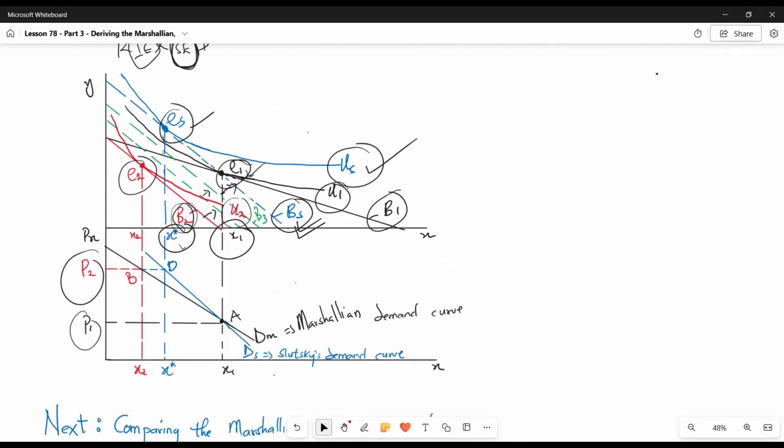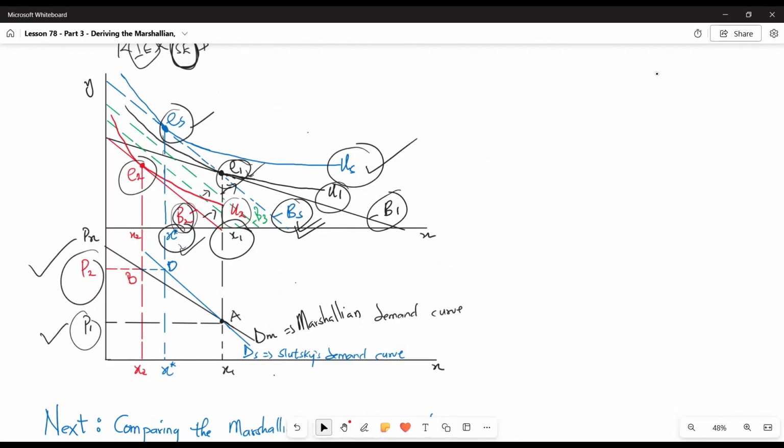Now, this represents the pure substitution effect of the increase in the price of good X using the Slutsky method. So this is called the Slutsky demand for good X, and we will label it as X star. Now, we derive the Slutsky demand curve by projecting this X star down to our demand graph. So we notice that this is the compensated demand for X when the price is P2.